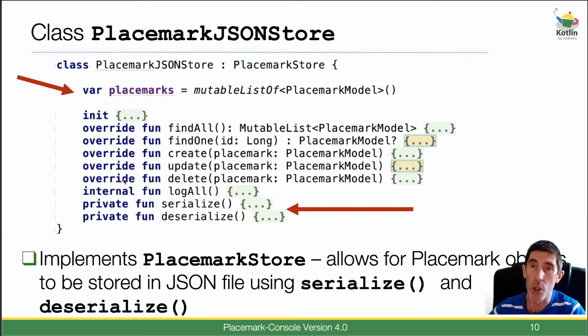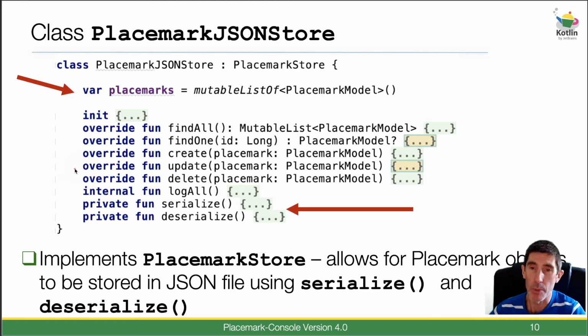We've added those to the placemark JSON store. And notice these are private functions, so they can only be called inside placemark JSON store, and can't be invoked outside of the class.